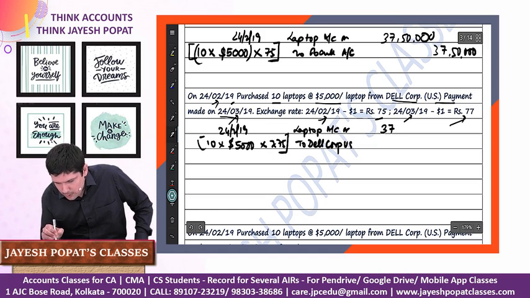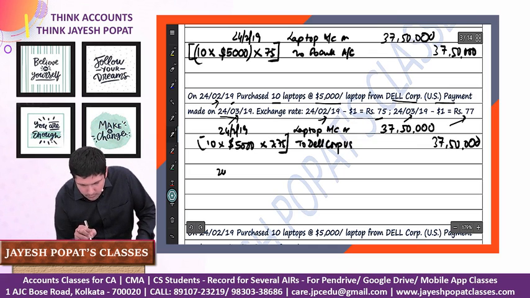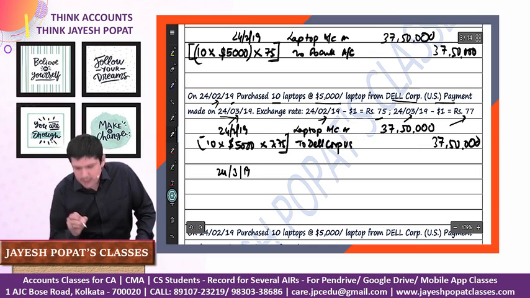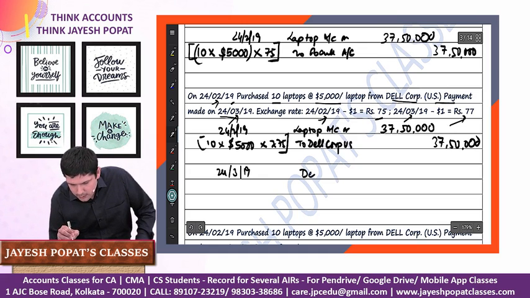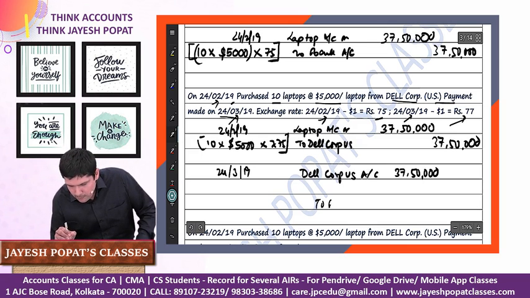So this will come out to 37,50,000. Then on 24th of March 19, we are making the settlement. So we'll say Dell Corp US account debit, right? We'll debit it by 37,50,000.